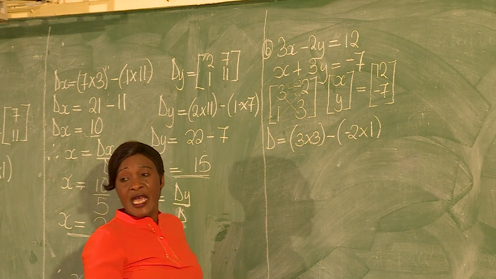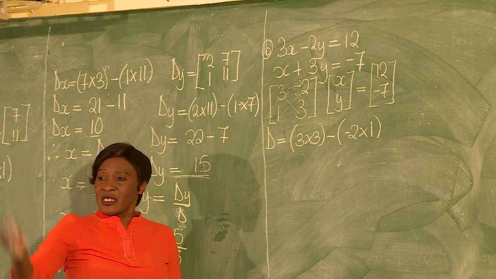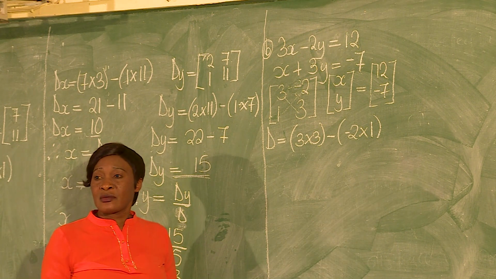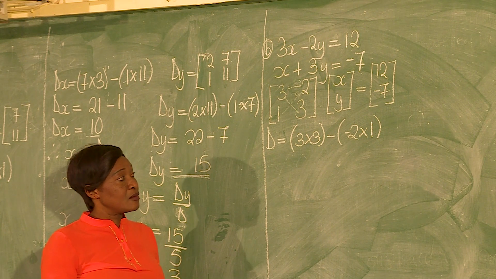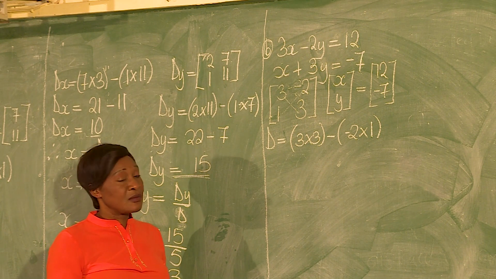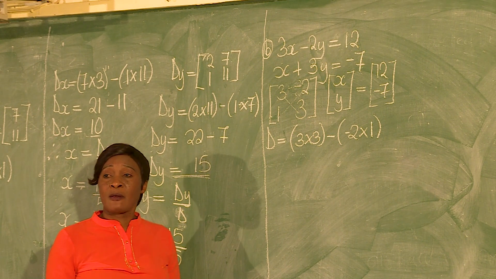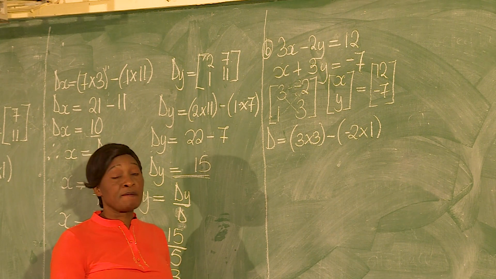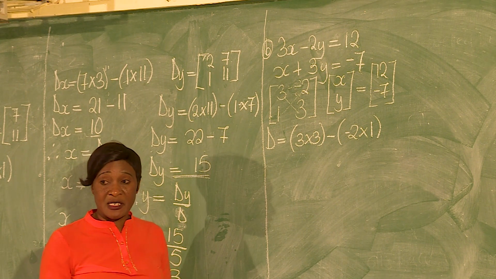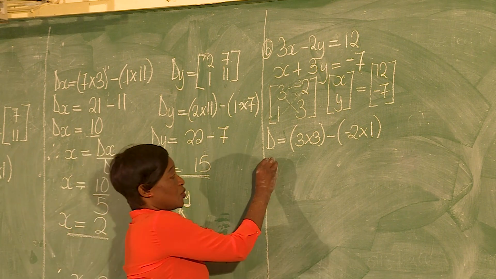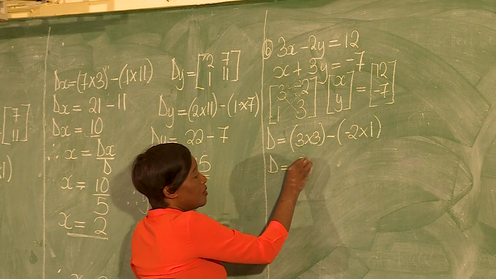Right. Next step. Yes, Kuzwa at the back. We're supposed to find dx. After you have subtracted there, find the main determinant. So D, which is the main determinant, is equal to what is 3 multiplied by 3? 9.